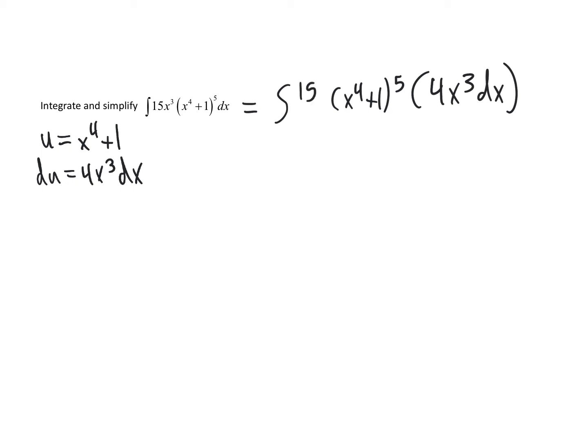So we're going to just go 15 divided by 4. So 15 divided by 4 times 4 gives us the 15 we started with. Again, I want this to match this so that we can replace it with du.